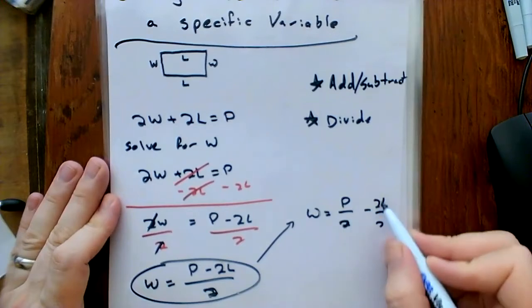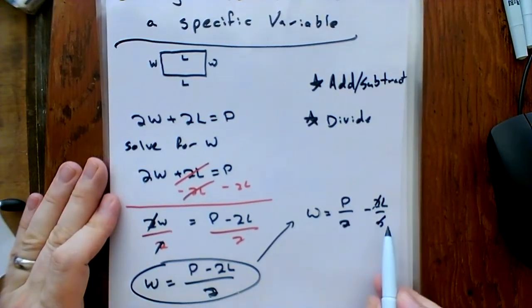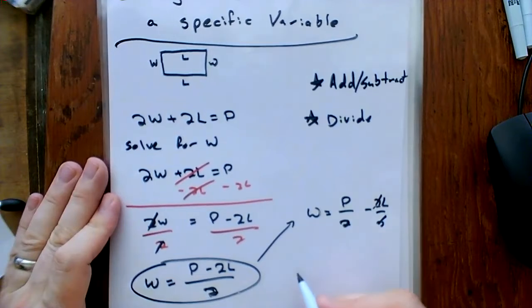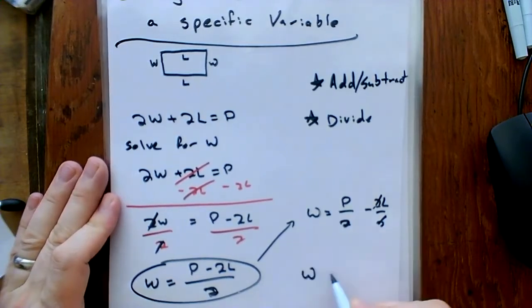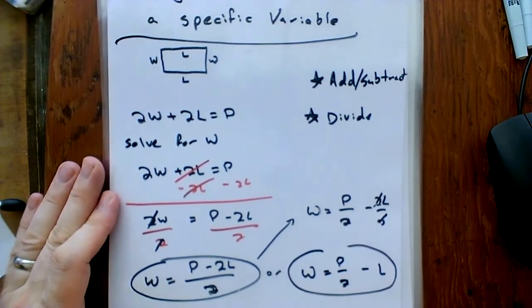And now I can reduce that. Everything up here is divided by 2, so now I'm just breaking it up into two separate things. So I would have w is equal to p over 2 minus l. Either of these answers will work.